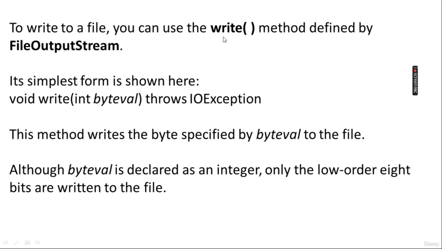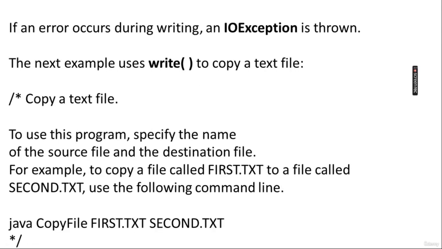So write is a method that will throw the IOException, and whatever byte you specify in the brackets will be written to the file. It is declared as an integer, but all 32 bits are not written to the file, only the low order 8 bits. If an error occurs during writing, IOException is thrown.